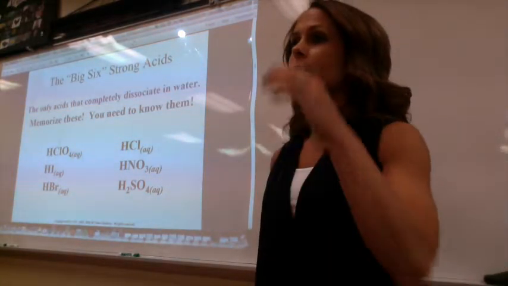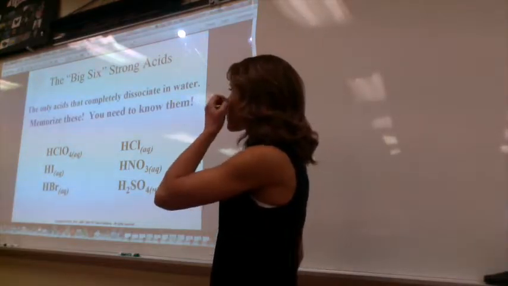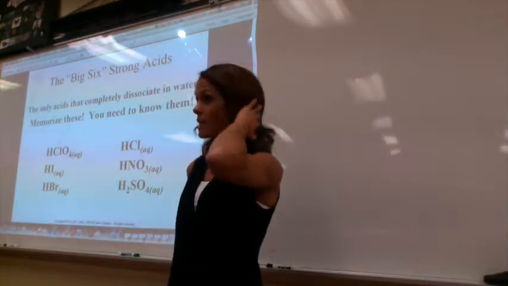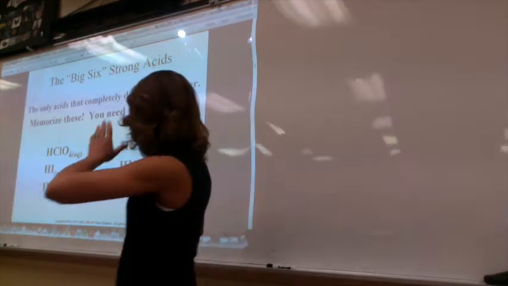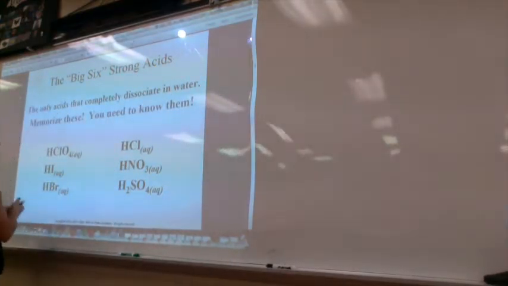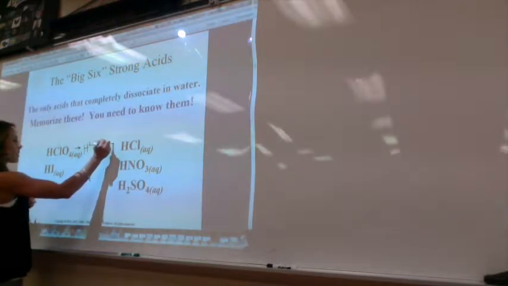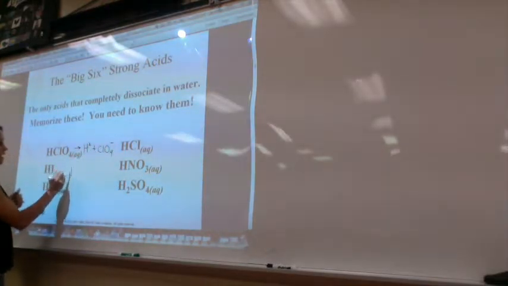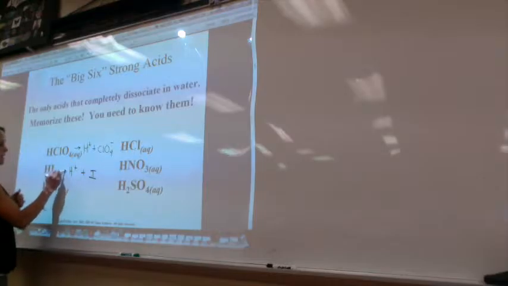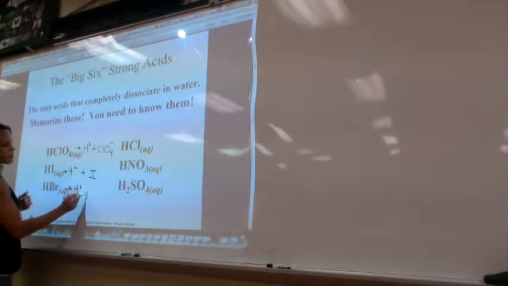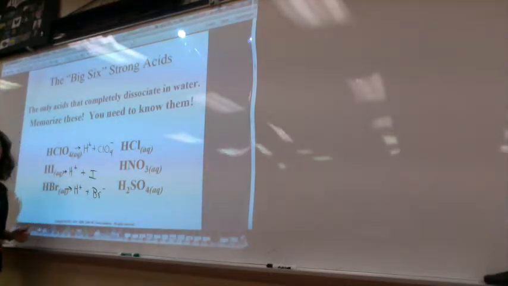All right, so anytime that we're doing a reaction with these, we're going to draw a one-way arrow, right? It means that it completely pulls off its H+. So if I was taking this apart, this would go to H plus ClO minus, H plus I minus, H plus Br minus. You following how this works?